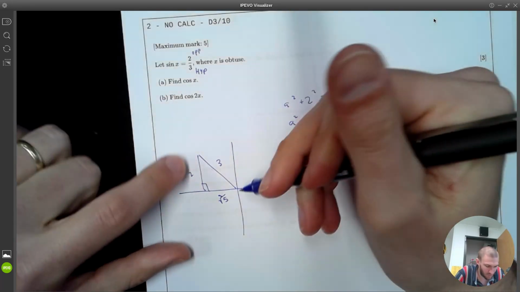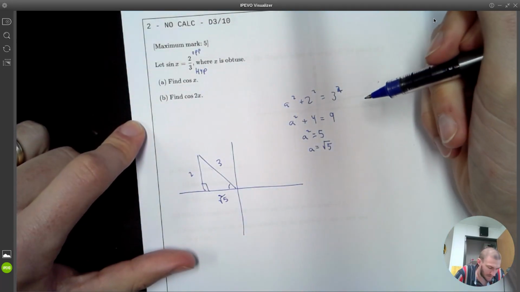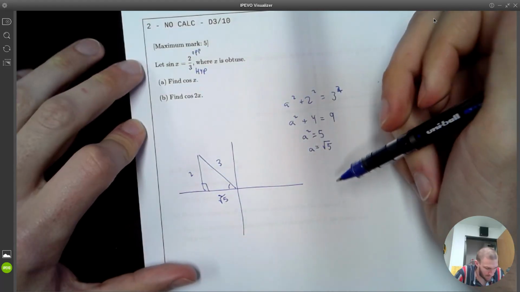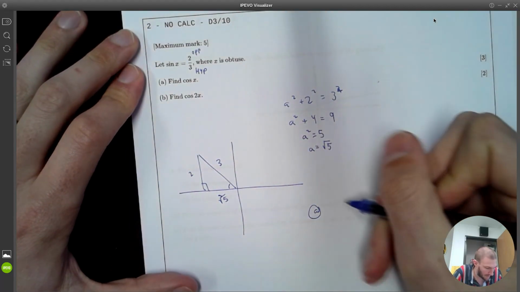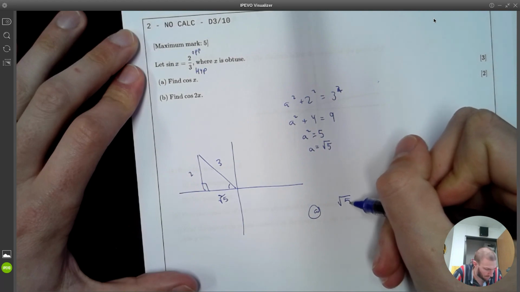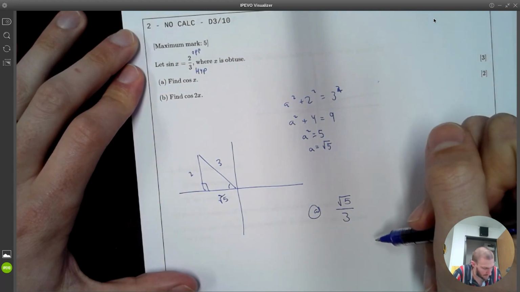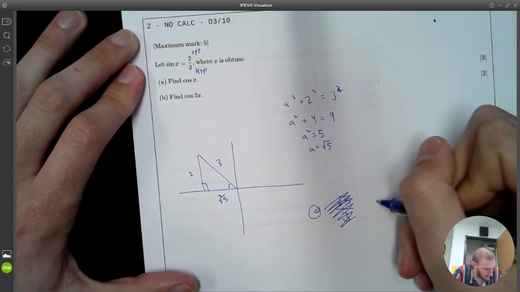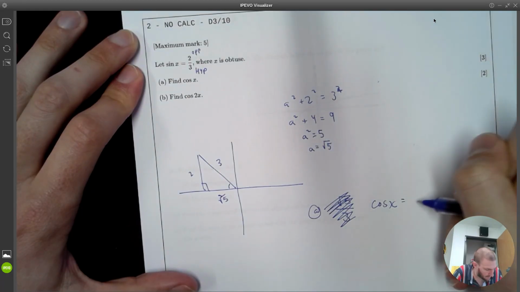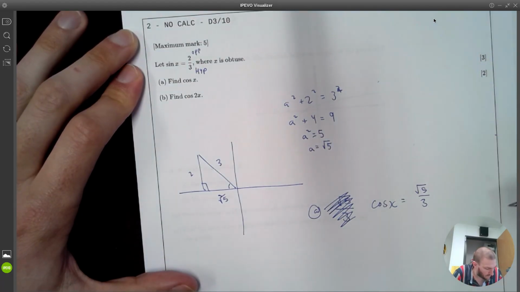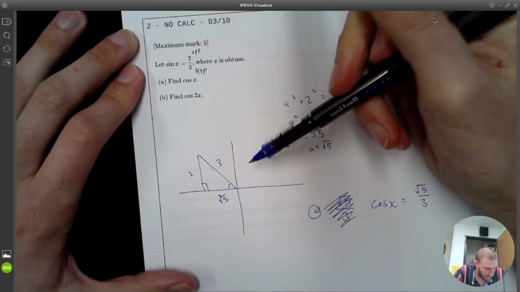And what is the cosine of this? The cosine would be adjacent over hypotenuse. And so a would be square root 5 over 3. Let me label this better. The cosine of x would be square root 5 over 3. And I need to be a little bit careful here.